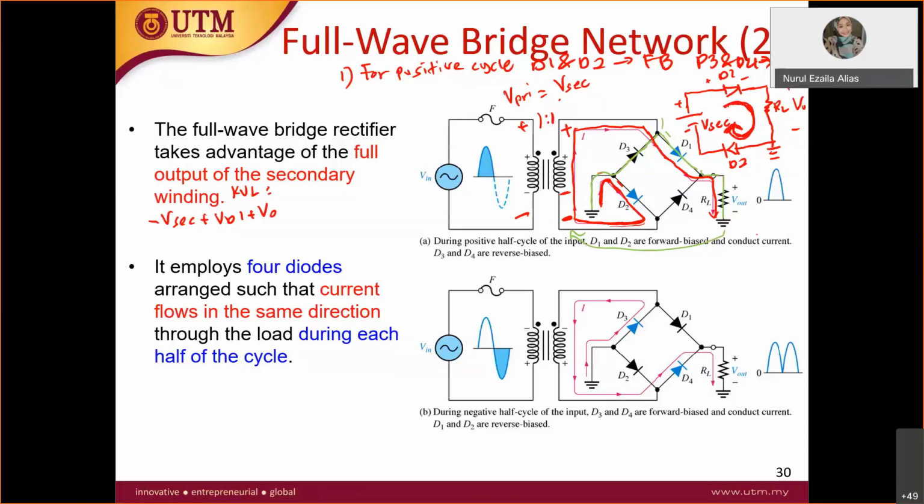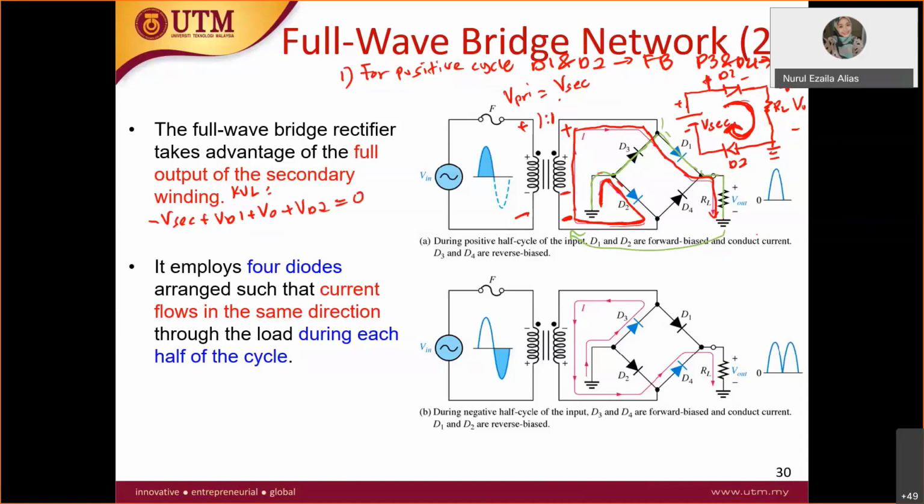So this loop made the first one, V secondary, as your friend said just now. Then this current goes on plus VD1, and then plus V out, and not finished yet. There is still one more component, which is plus VD2 equal to 0.